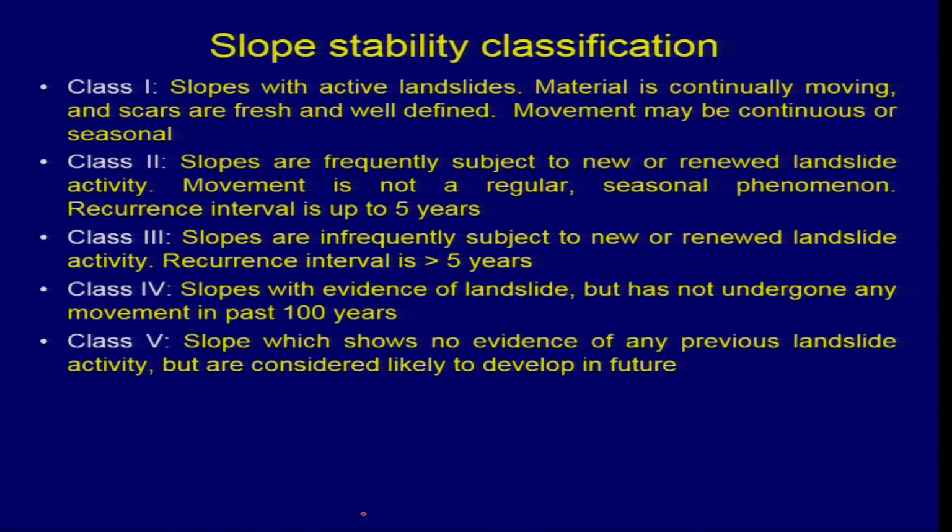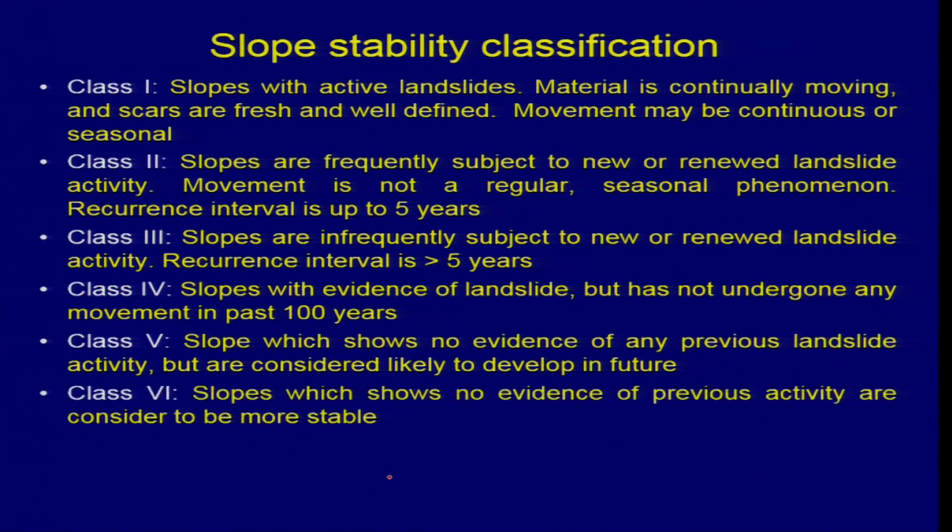Class 5, slopes which show no evidence of any previous landslide activities, but are considered likely to develop in future, and this will happen because you have a slope and geology which could favor a landslide in future. And then class 6, slopes which show no evidence of previous activity and are considered to be more stable.